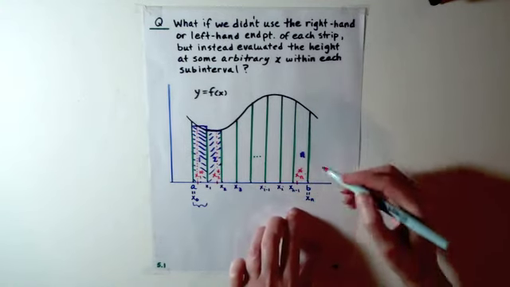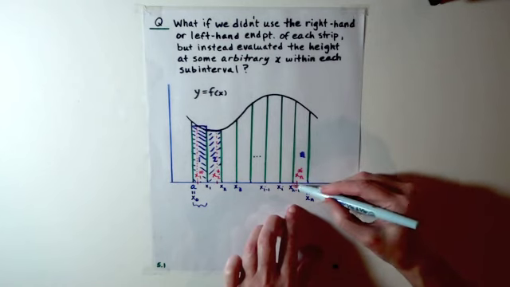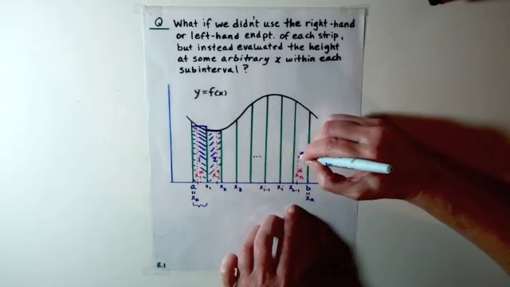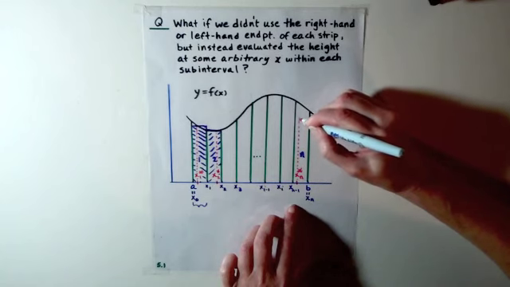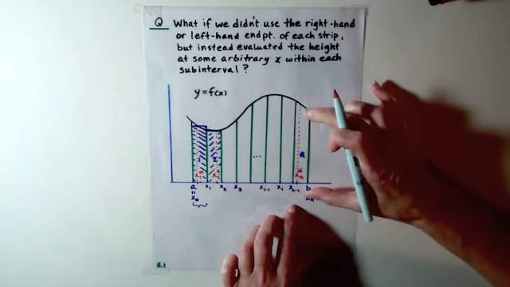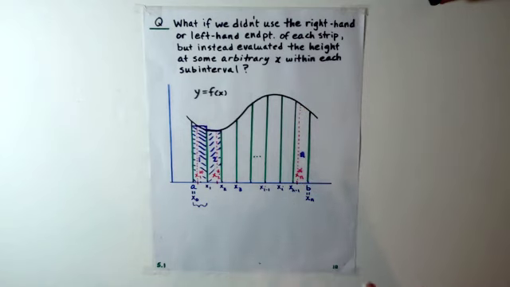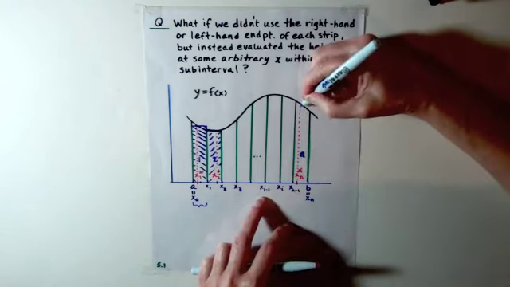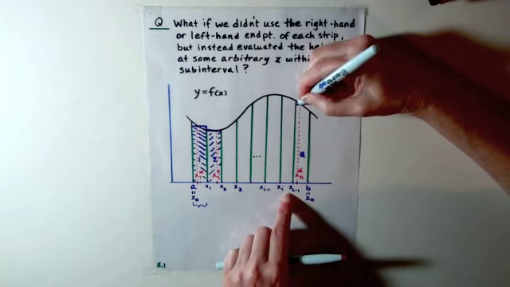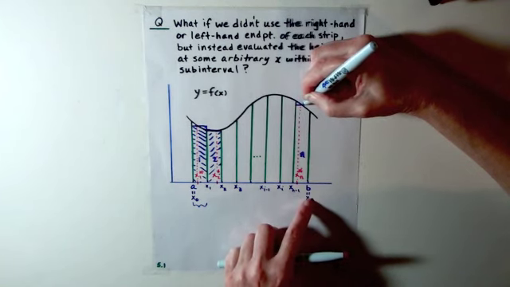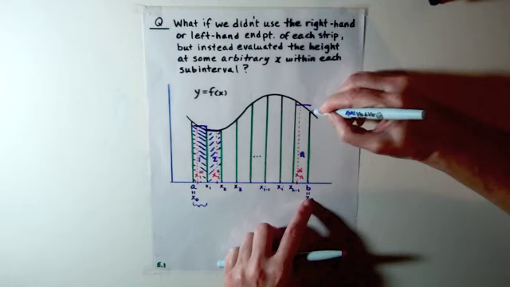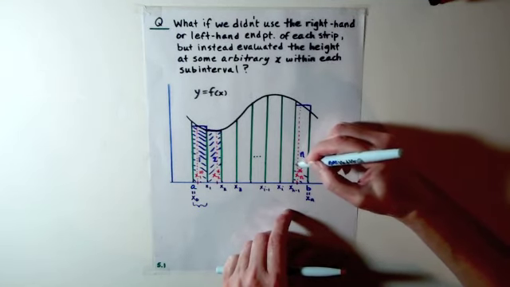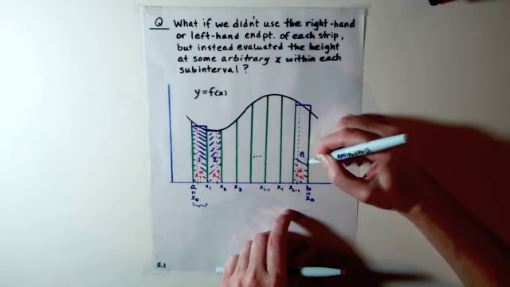It's my arbitrary x value within the nth strip. And again, I say, well, what would the height under the curve be at that x value? It would be the height of this red dotted line. And I'm going to use that height to create a rectangle that stretches widthwise from the left side to the right side of my strip. And so my last rectangle would look something like this.